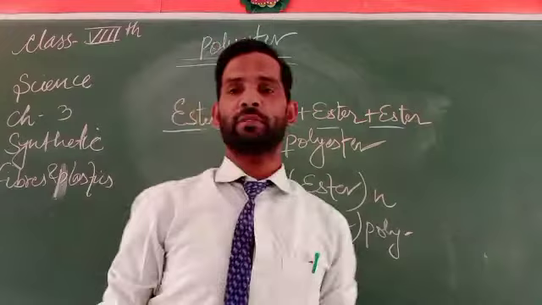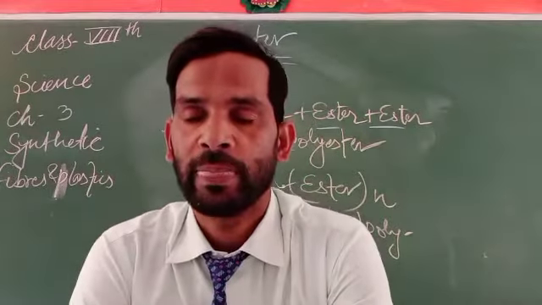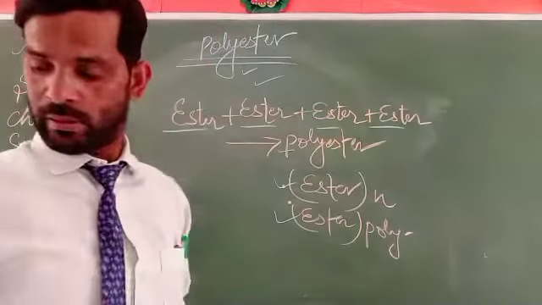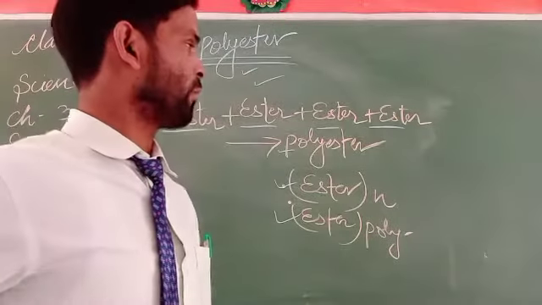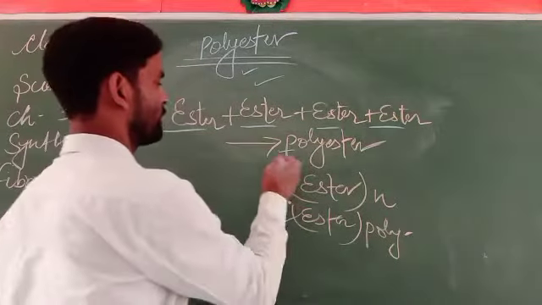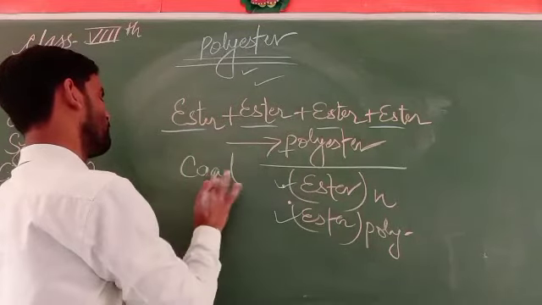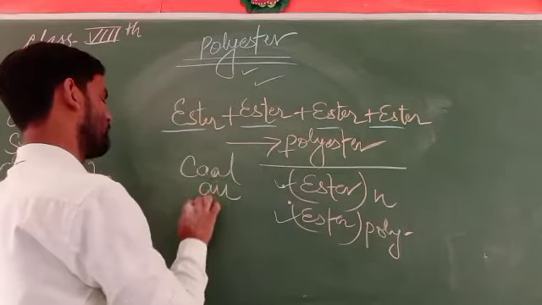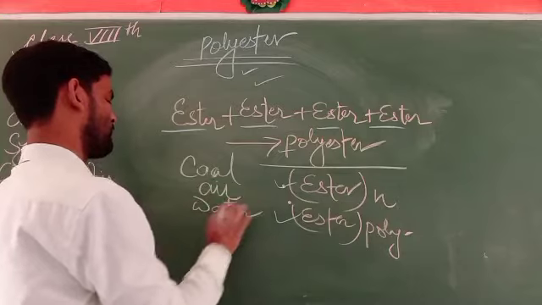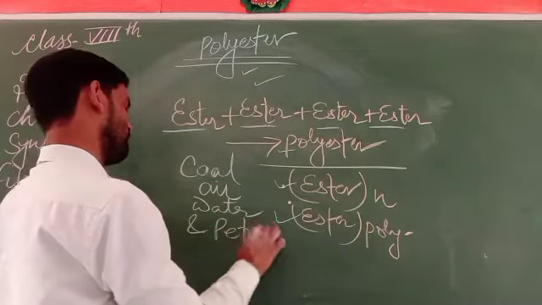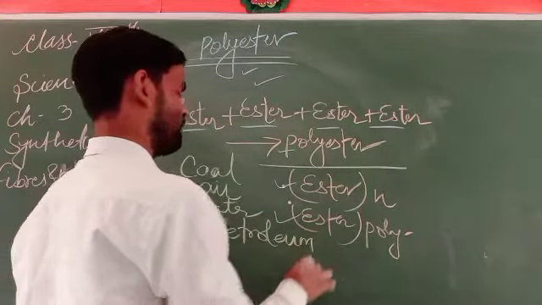Many repeating units of ester by polymerization can be made using coal, air, water and petroleum.